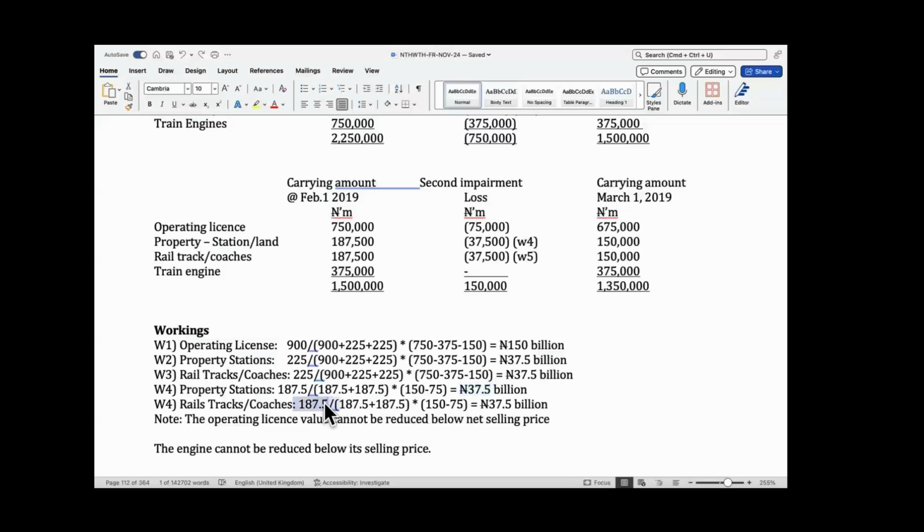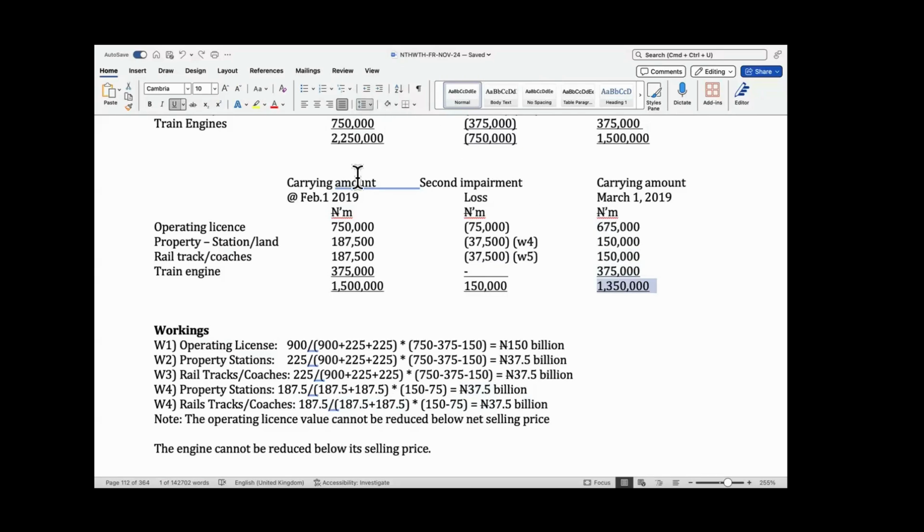The road tracks, 187.5 over the addition of the two, multiplied by the remaining impairment loss, 37.5. So we allocate 37.5, 37.5, and these are the remaining values after removing the impairment loss, and that brings us to 1350.